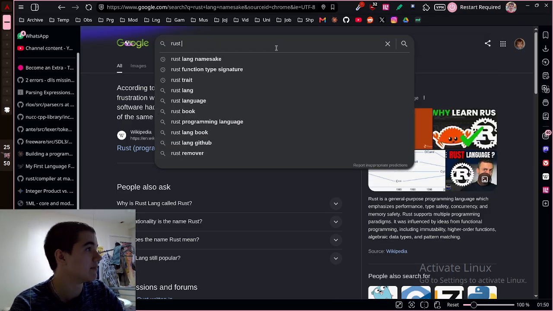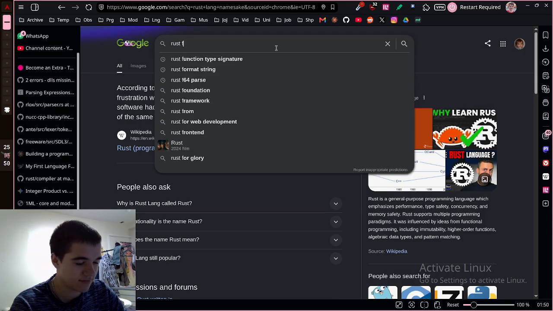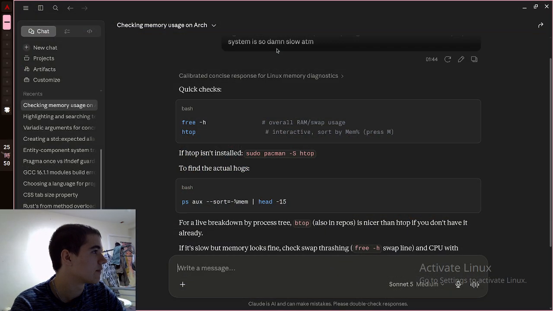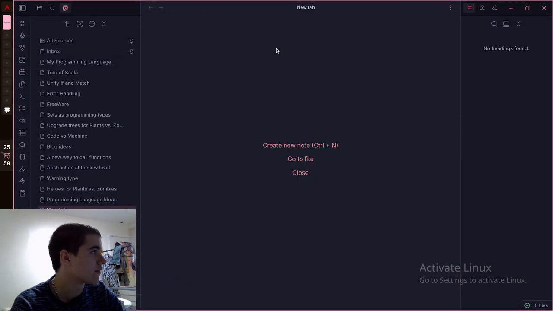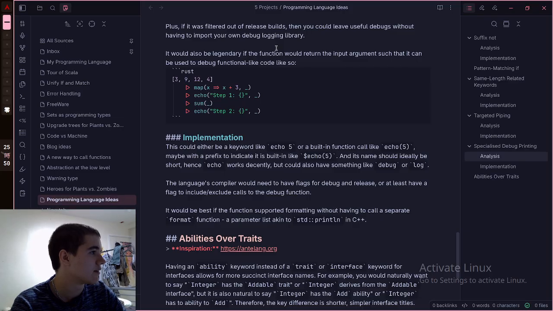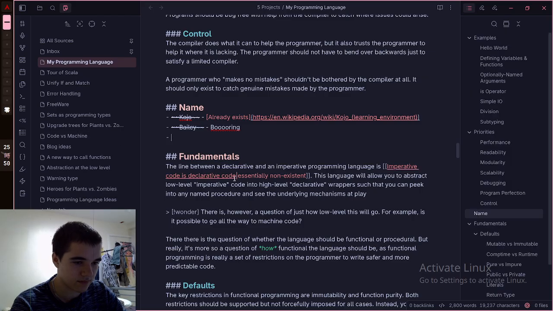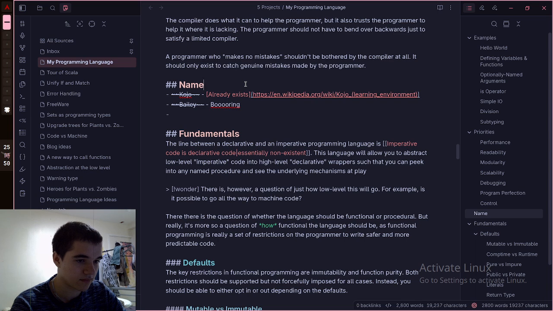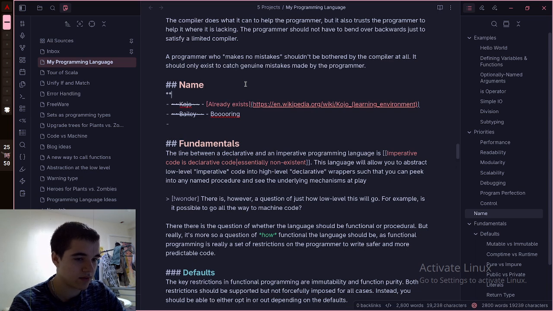That's actually a cool name. Rust fungi. Rust is named after a fungi that is over-engineered for survival. Holy moly.